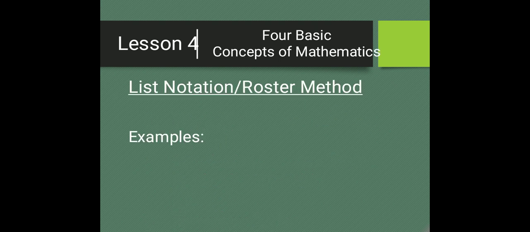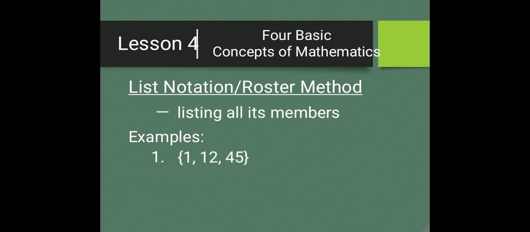Okay, list notation or roster method, what is this? We describe a set by listing all its elements or members. Now, when you write a set and list all the elements, that specification is called the roster method, or listing of elements.